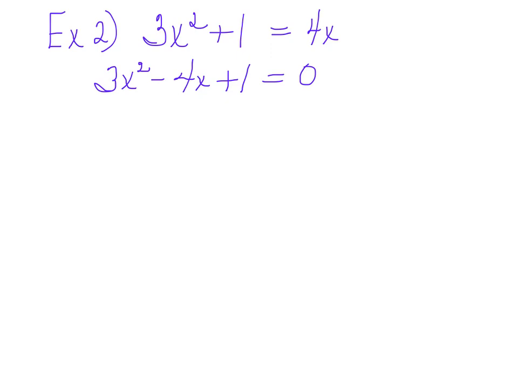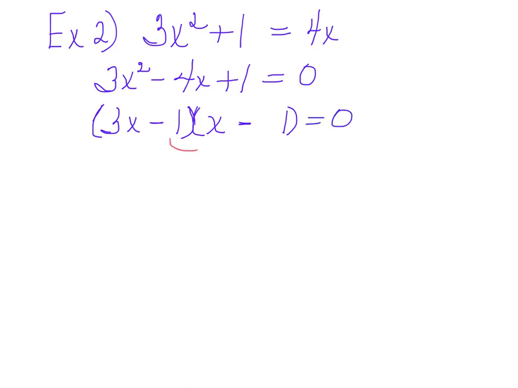All right, so when we factor this, we could factor this to 3x and an x on this side. Only factors of 1 are 1 and 1. Since we have a minus 4 in the middle and a plus 1 here, both of these are going to be negative. Well, let's check to see if this works.